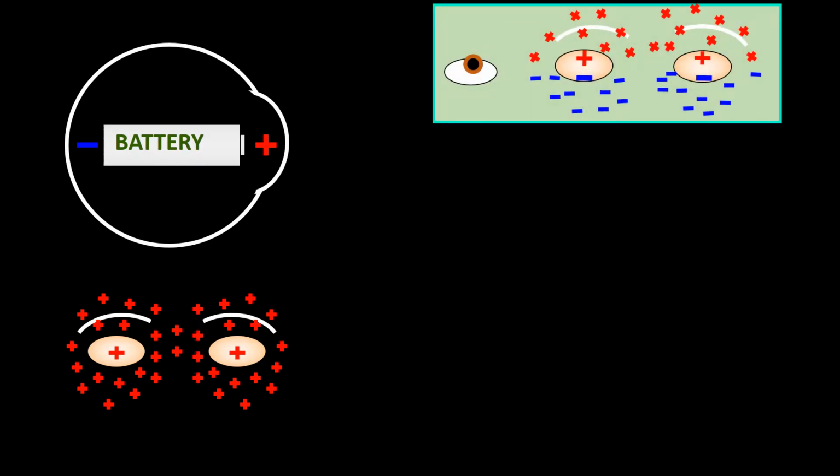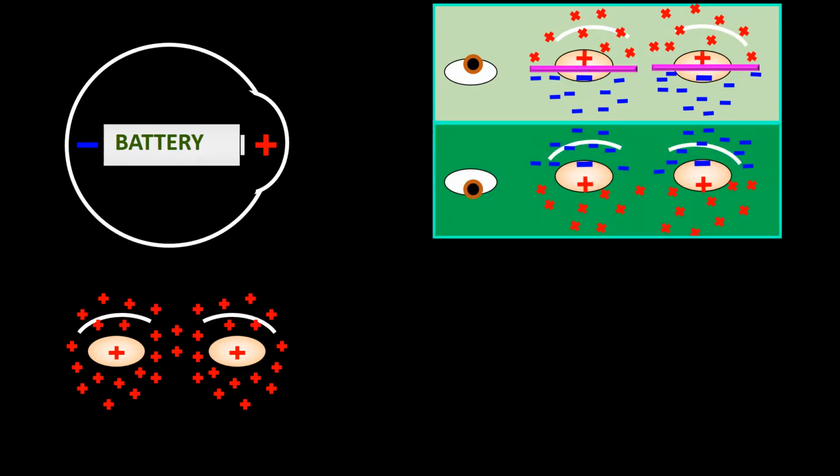When eyes are looking up, the positivity is up, forming an equator with the negativity at the bottom, in the right eye and in the left eye. When looking down, the positivity is down, also forming an equator.